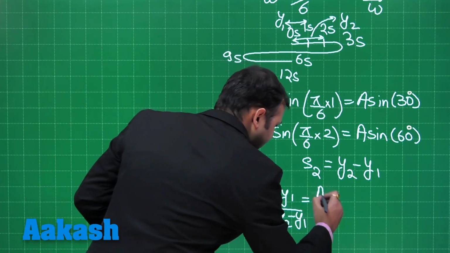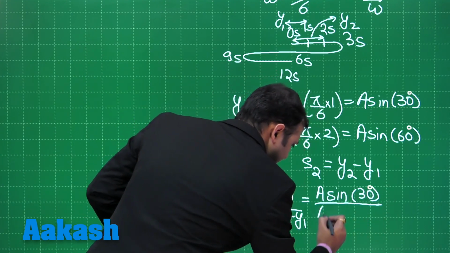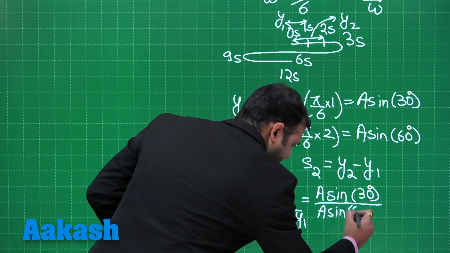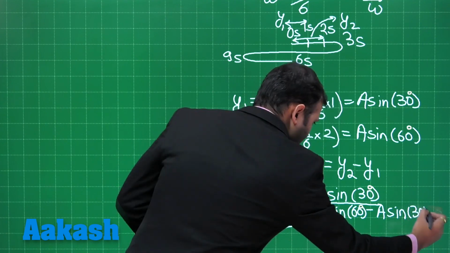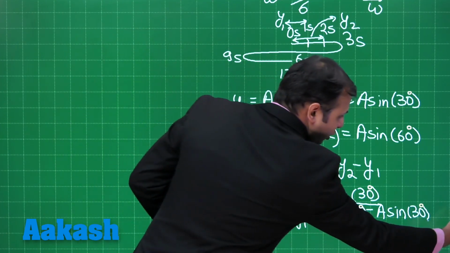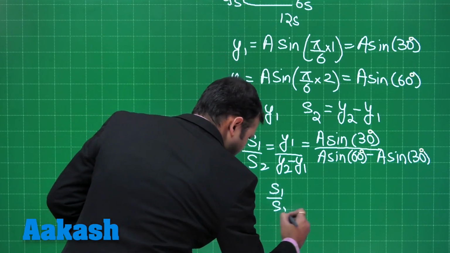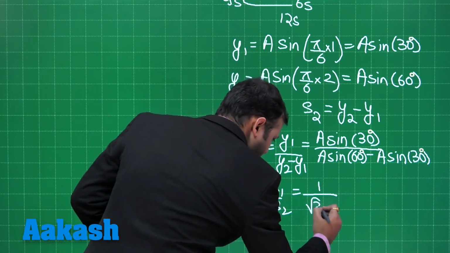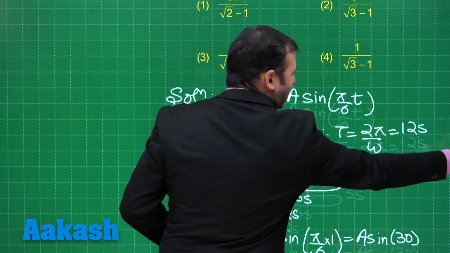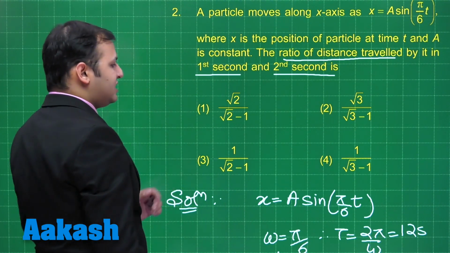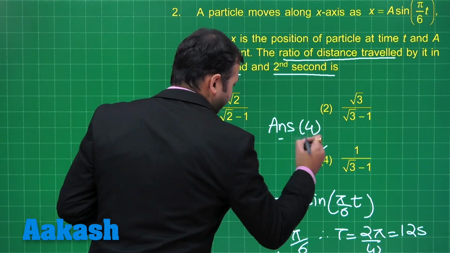Solving this, you will get a sine 30 divided by a sine 60 minus a sine 30. If you solve this, S1 upon S2 would be equal to 1 upon root 3 minus 1. As per this, we can find the answer among the 4 options. You can see option number 4 is the correct answer to this question, right?